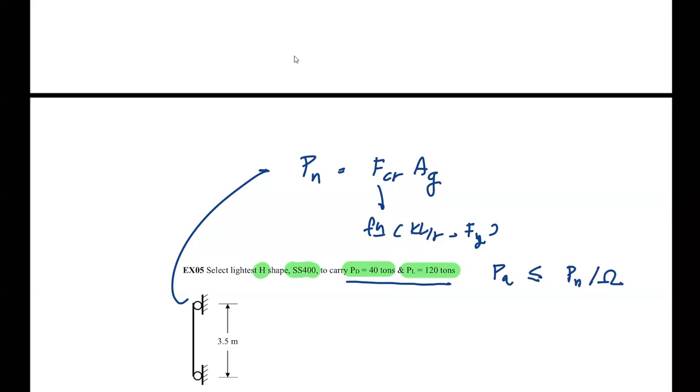Are you still with me? This is always your universal equation. So if we are going to determine our nominal strength, I can simply say my nominal strength must be greater than or equal to factor of safety multiplied by the load.